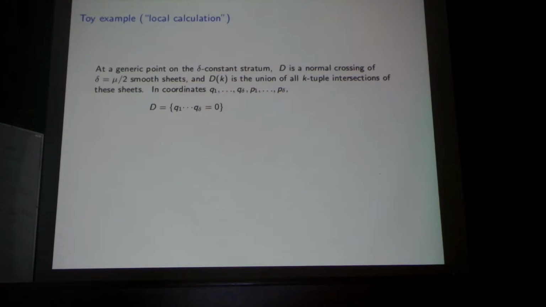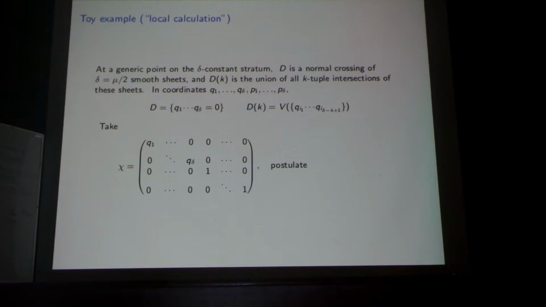If you're in k sheets, then delta is k. So in coordinates, which I'm calling q1 to q delta and p1 to p delta, d is just given by the product of the q's equal to 0. dk is the variety of zeros of the k delta minus k plus 1 tuple products.